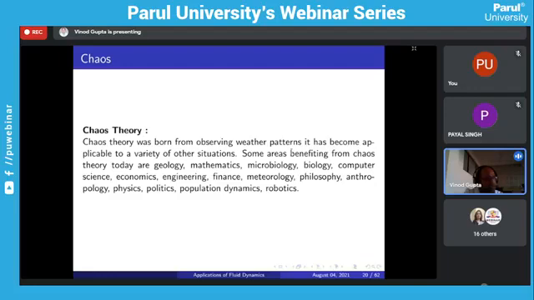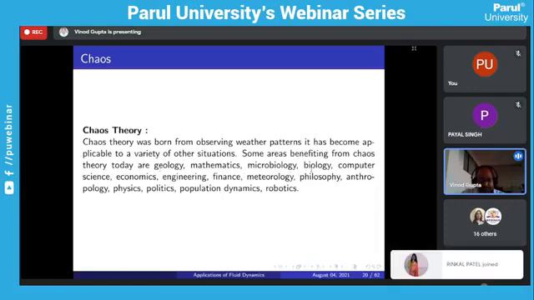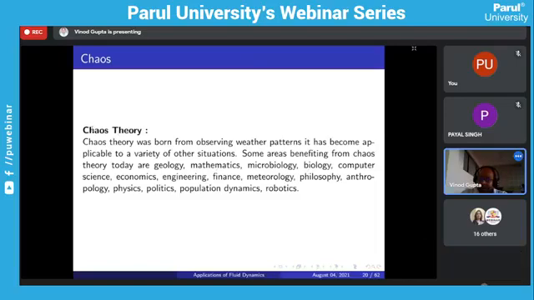So he used this fluid dynamics to predict the weather forecast. So that was the first application of chaos. Chaos theory is used in many branches of engineering science, in geology, mathematics, microbiology, mathematical modeling. In fact, in today's era, in COVID-19, chaos theory is also used to determine.